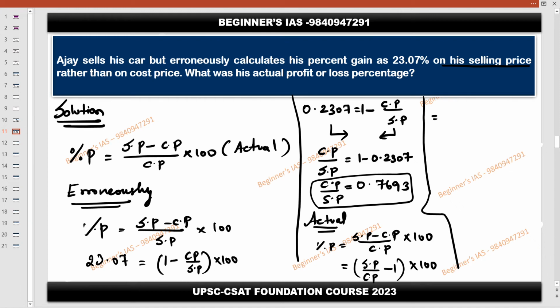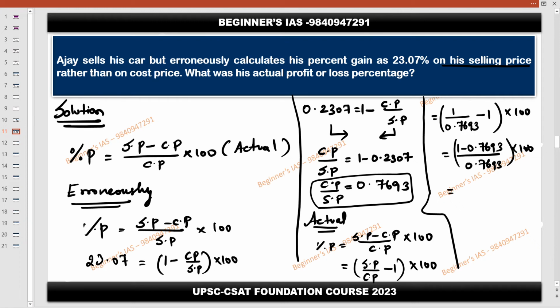So that is the reciprocal of this one, isn't it? Am I right? Reciprocal of this one. Yes, sir. So then calculate 1 by 0.7693 minus 1, into 100.